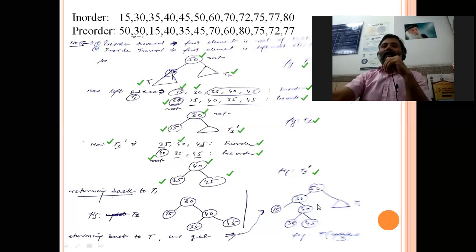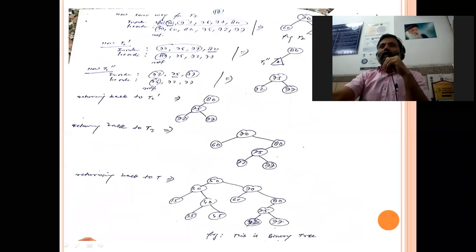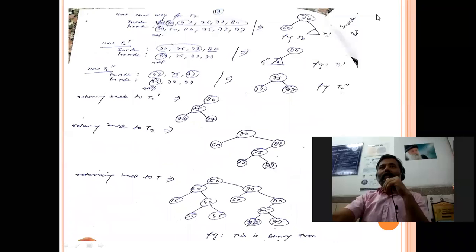Now similarly, just like we got the left subtree of the root node, we can do the same process for T2 as well. So for this T2, we are applying the same concept. We have the in-order traversing and pre-order traversing here.